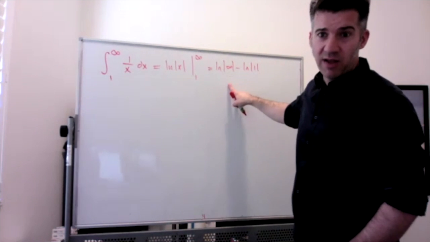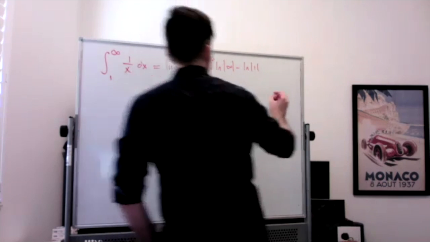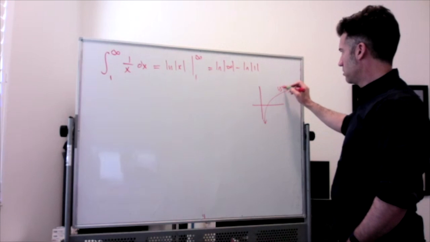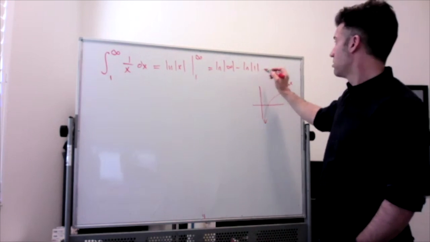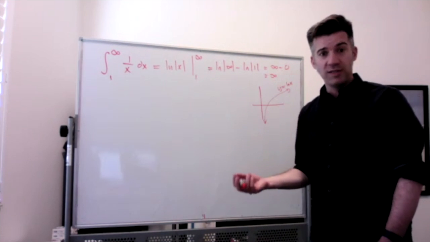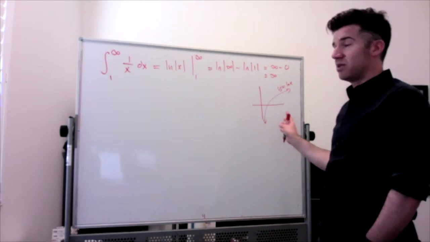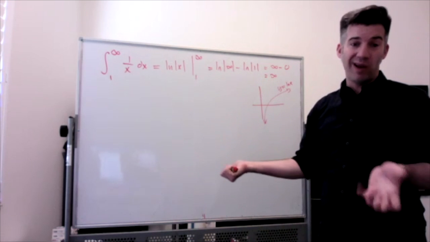The natural log of infinity does blow up to infinity, right? If you think about the natural log function, it looks like this. And the natural log of 1 is 0. So you can say this is infinity minus 0, which is infinity. And when an integral is infinite, we say it is divergent. So doing it this wrong way will usually still lead to the right result.